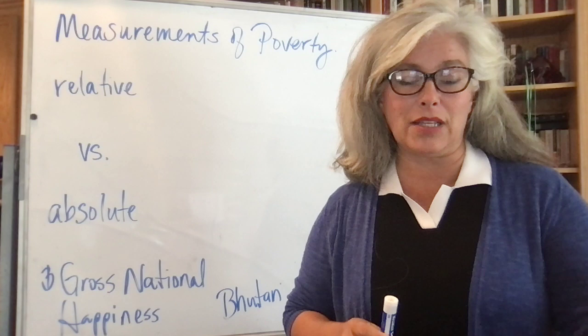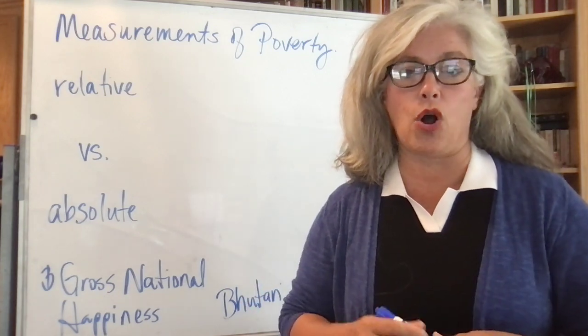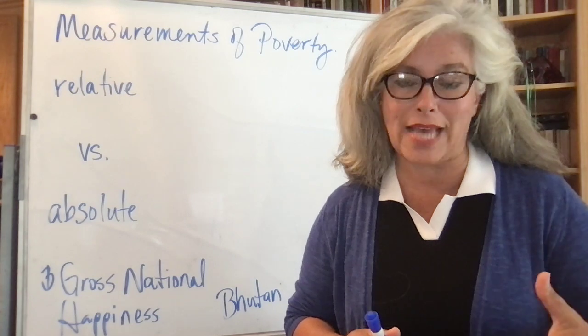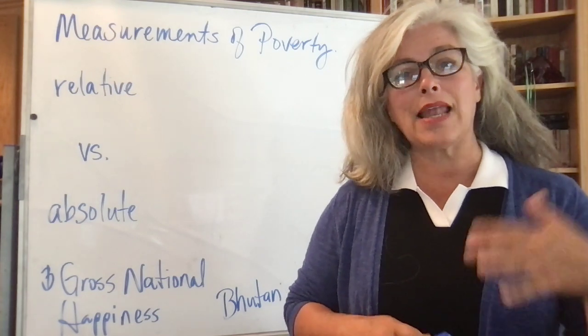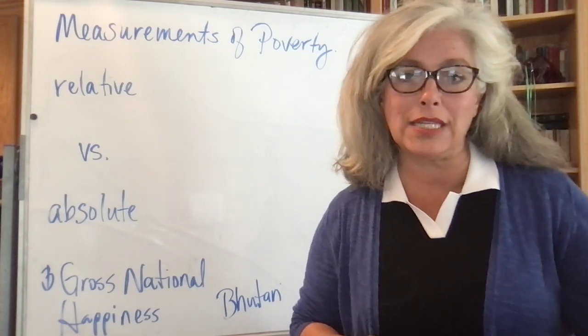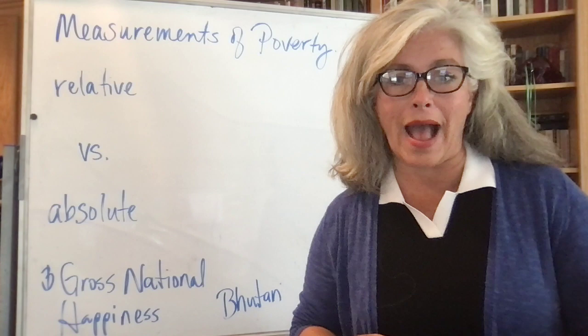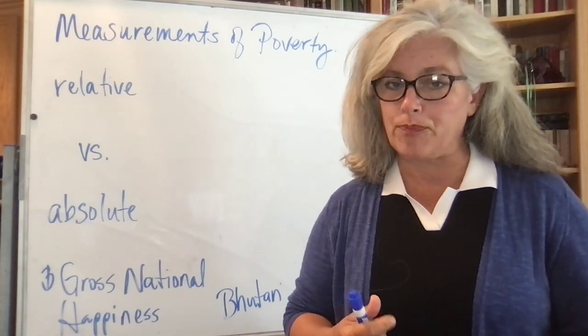Specifically, the United Nations has a subsidiary organization called the United Nations Habitat Program that you'll read about in this chapter. And that habitat program has this measurement that includes educational attainment, healthcare access, and style of life as measurements of poverty.